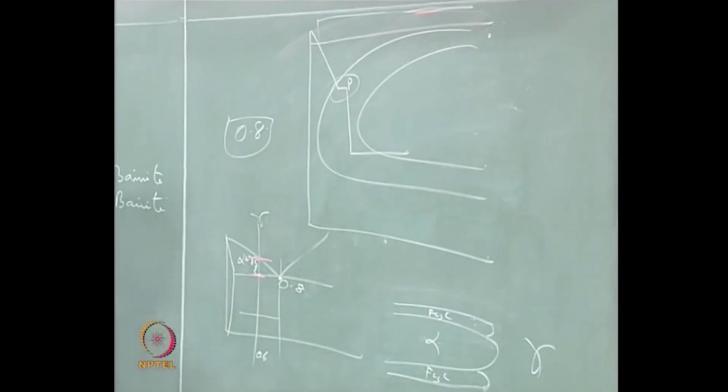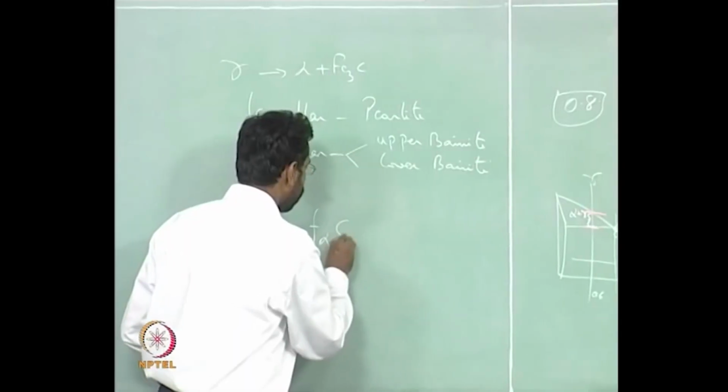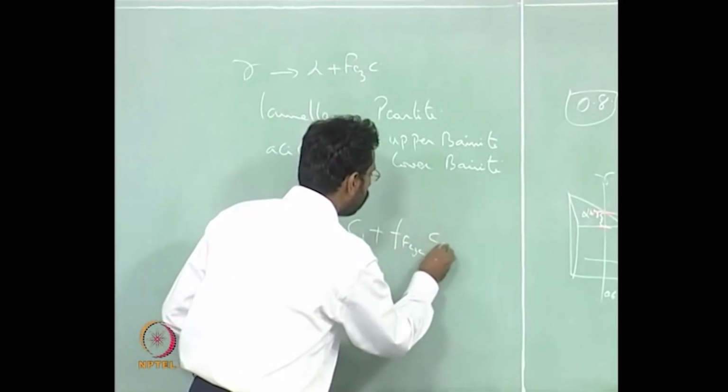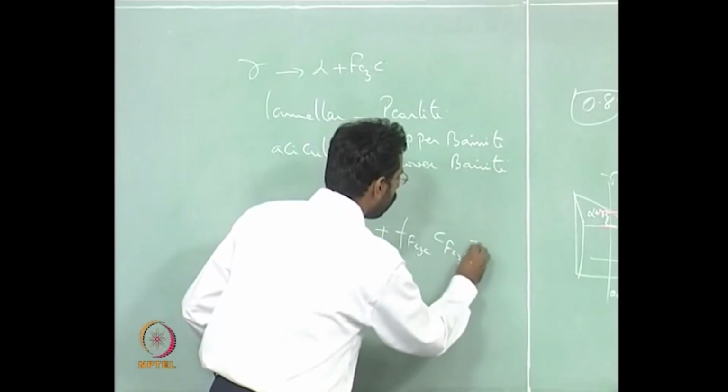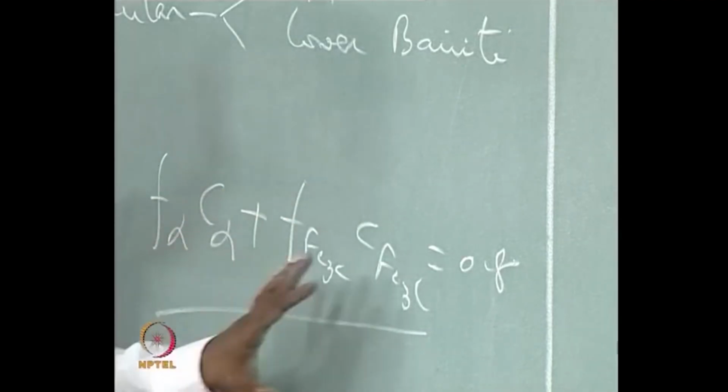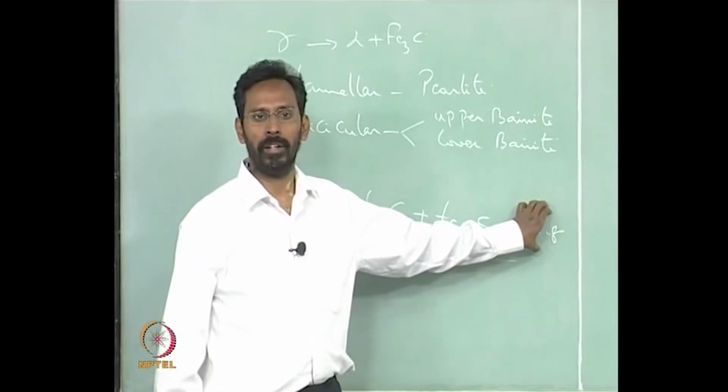The fraction of alpha multiplied by the composition of alpha plus the fraction of cementite multiplied by the composition of cementite should become equal to 0.8. So the overall composition of the perlite, where alpha and cementite are there, is 0.8.